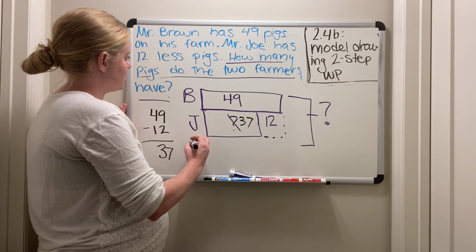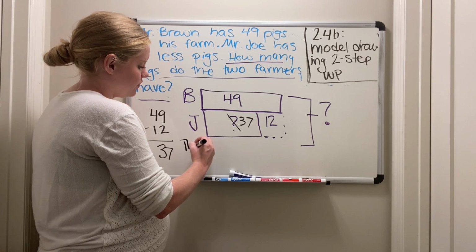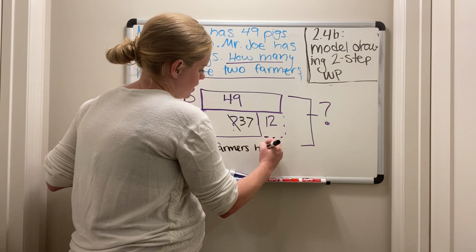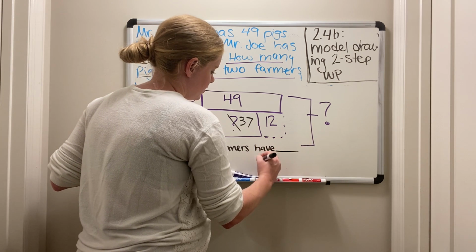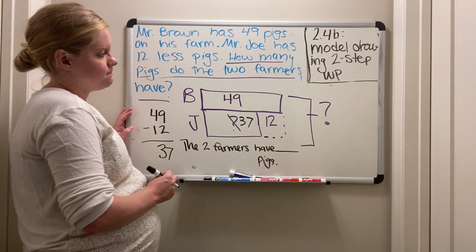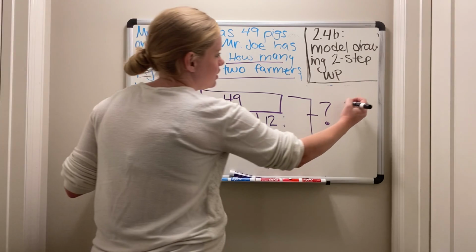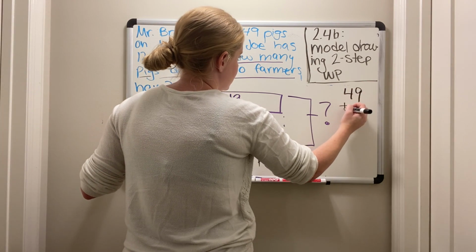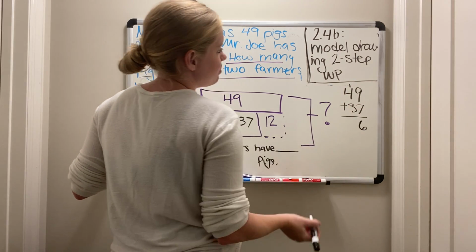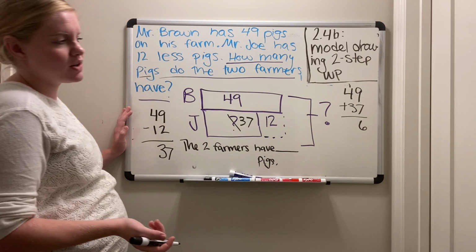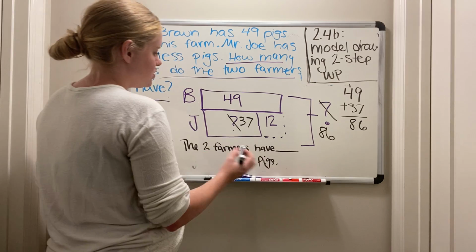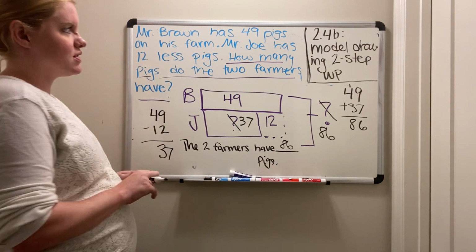Our answer sentence is going to be the two farmers have blank pigs. Okay, let's see. 49 plus 37. 9 plus 7 is 16. 10 plus 40 is 50. 50 plus 30 is 80. 86. The two farmers have 86 pigs.